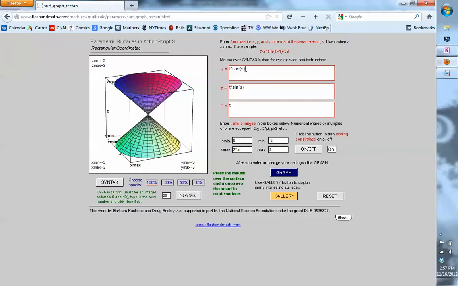So let's switch S and T. And see if we can figure out what it is. And now it looks like we want T to go from, say, 0 to 2 pi, or something trigonometric like that. And S, I don't know, we could go -3 to 3.